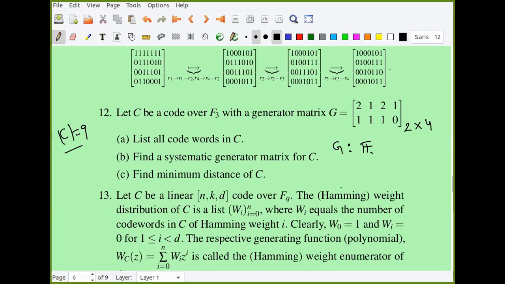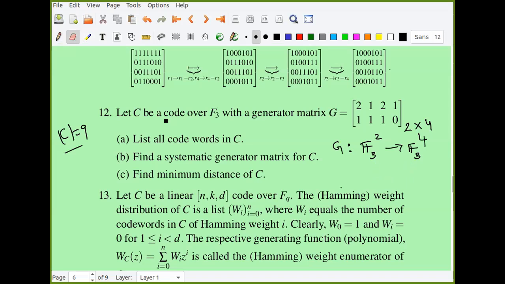Sorry, F3 squared to F3 power 4. Yeah, F_q power k to F_q power n.